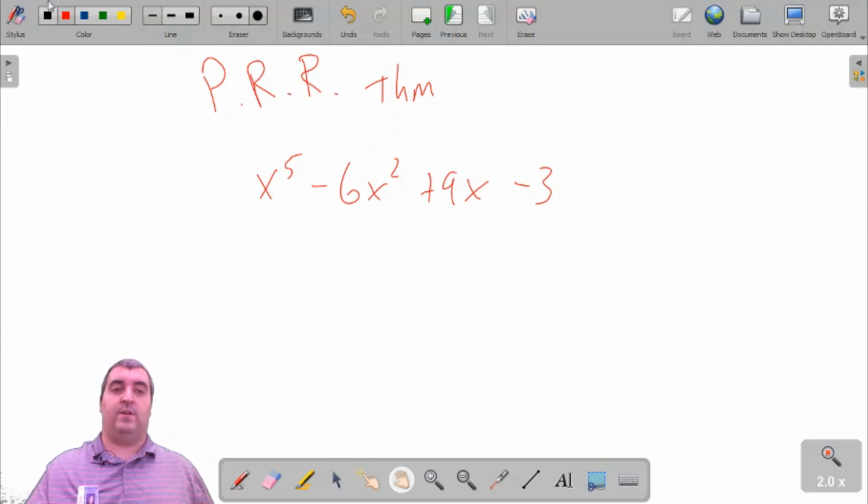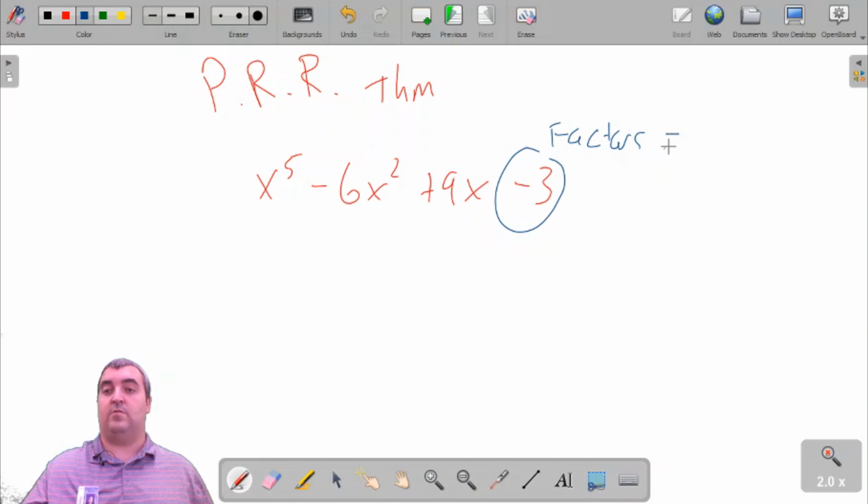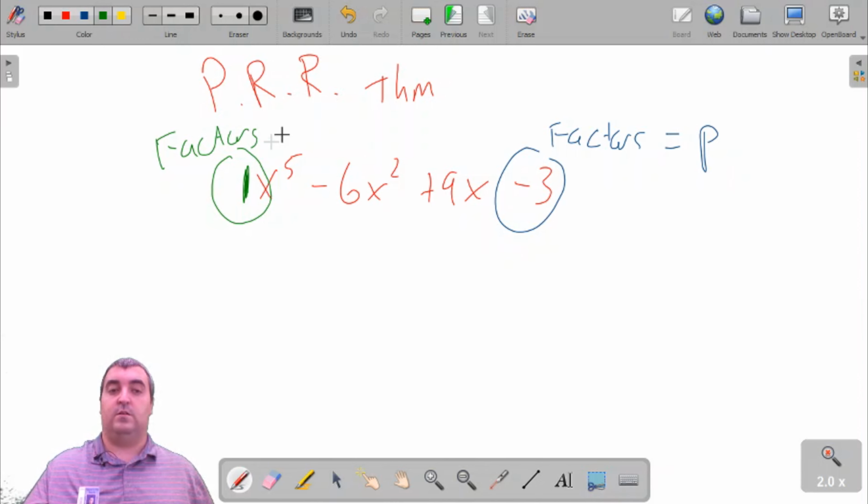All right. The way the potential rational roots theorem works is we call all the factors of the constant term p. Then all the factors of the leading coefficient, so here 1, we're going to call q.